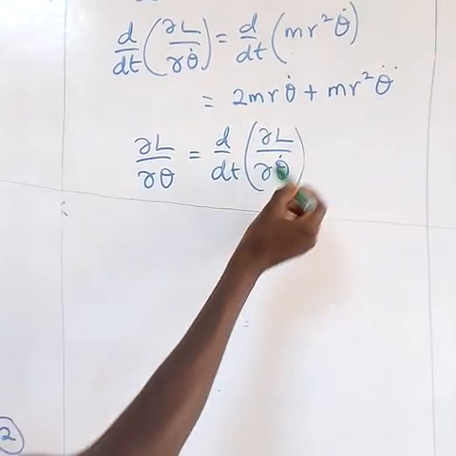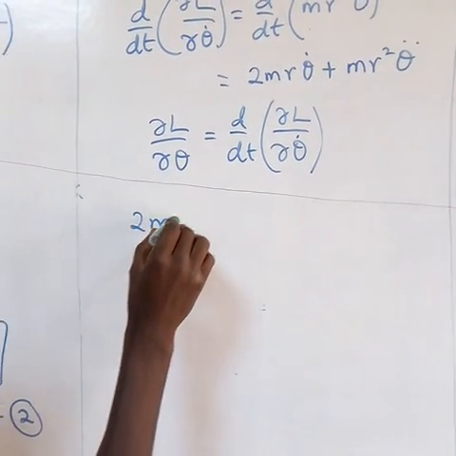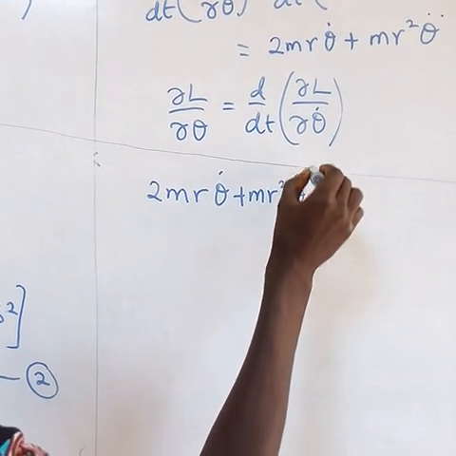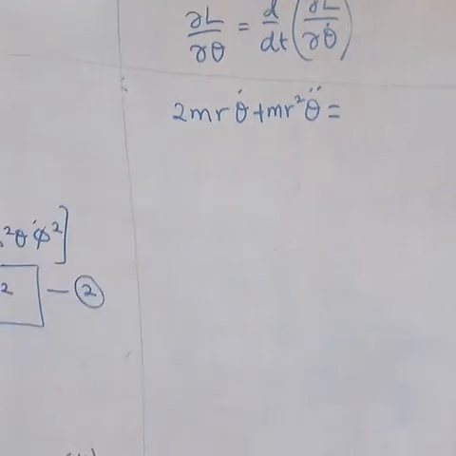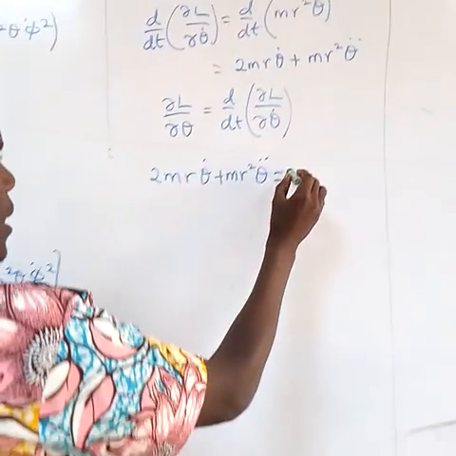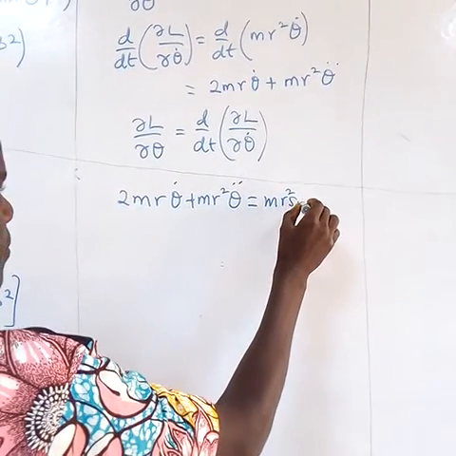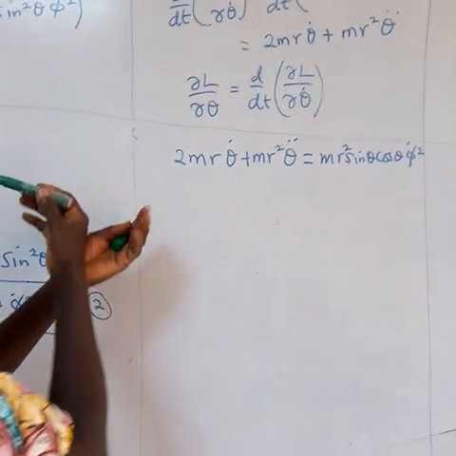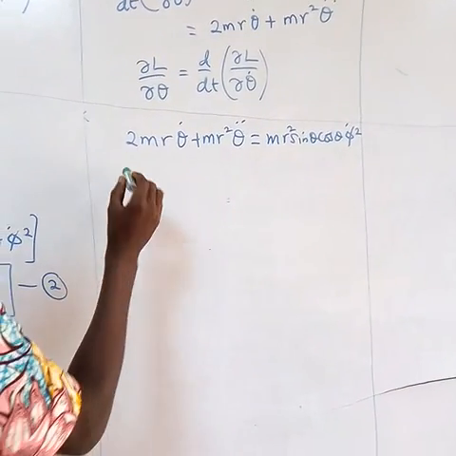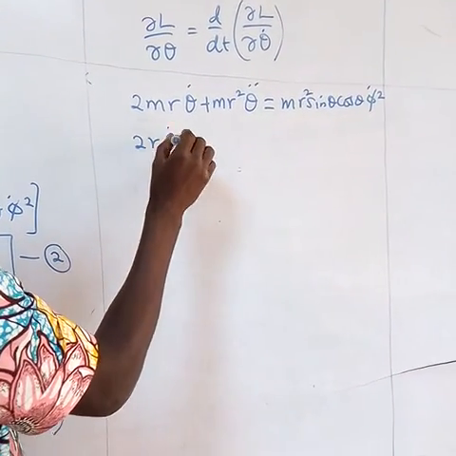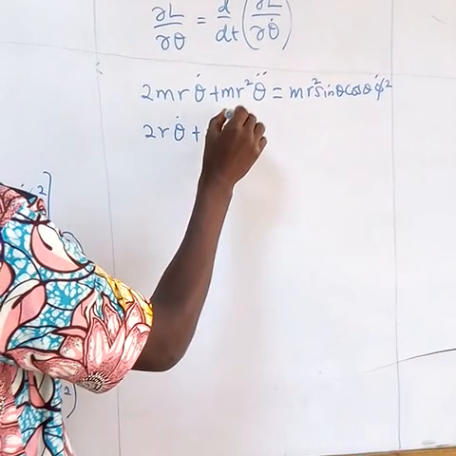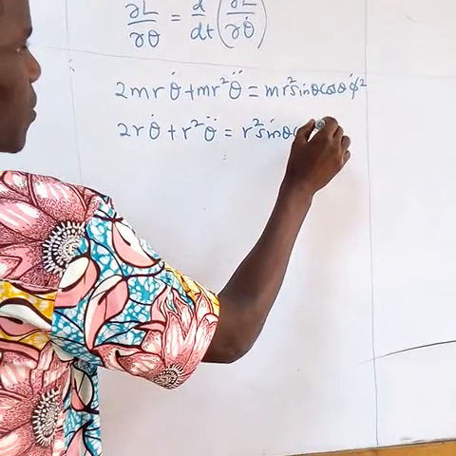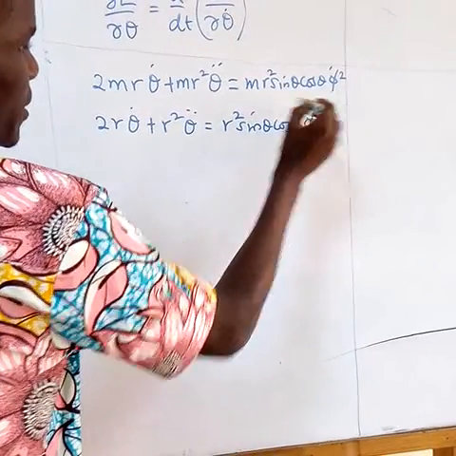So we have 2mr theta dot plus mr squared theta dot dot is equal to this particular expression, which is equal to mr squared sine theta cos theta phi dot squared. So we can divide through by m. So we are going to have 2r theta dot plus r squared theta dot dot is equal to r squared sine theta cos theta phi dot squared.